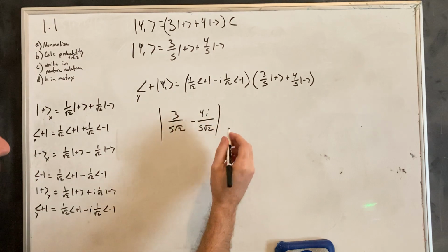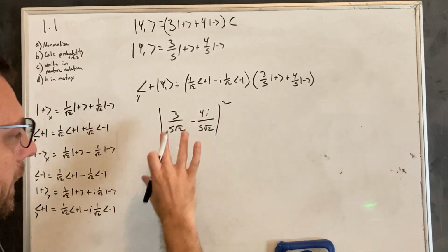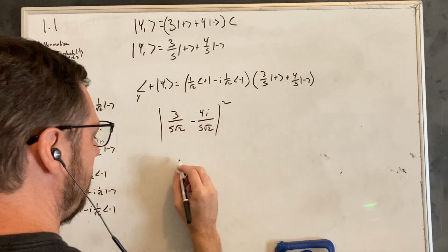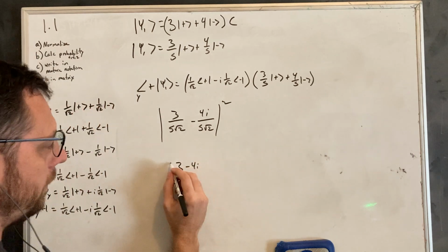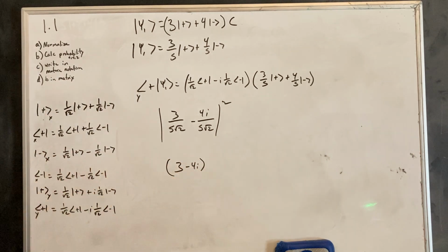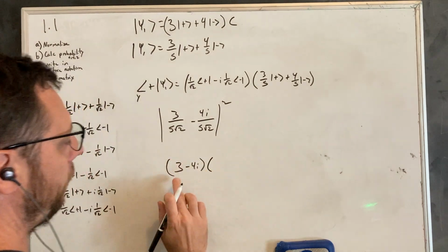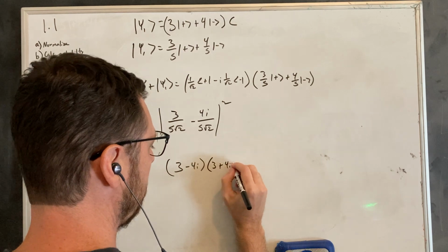All right, so that's where things kind of get tricky now, because in the denominator we're good, but in the numerator we're going to have 3 minus 4i. So we need to square this. To square with an i, you need to square it with its complex conjugate. So it's going to be 3 minus 4i times 3 plus 4i.